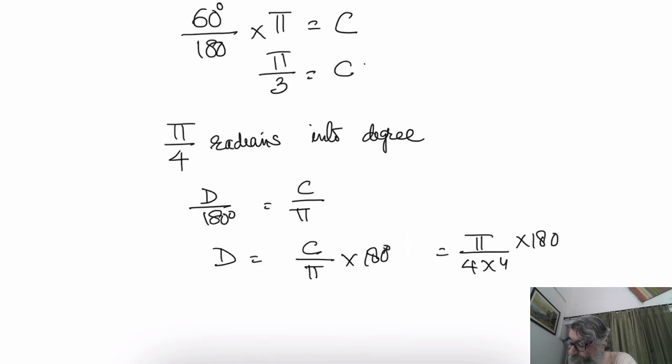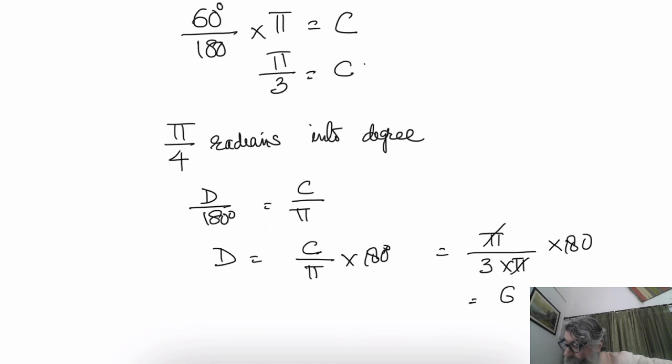So what will happen? Sorry, what have I done? It is C upon pi into 180. And what is the value of C? Pi by 3. It is pi upon 3 into pi into 180. So pi will cancel.